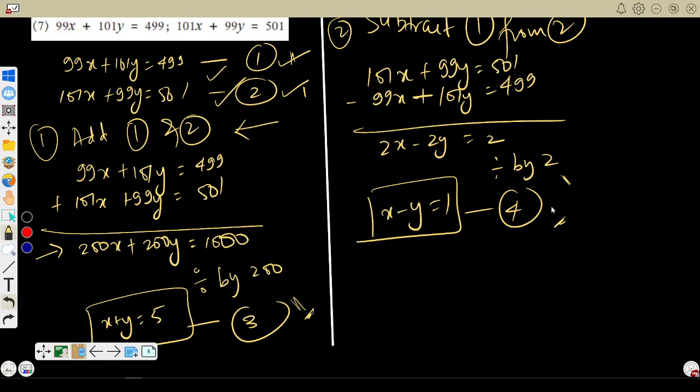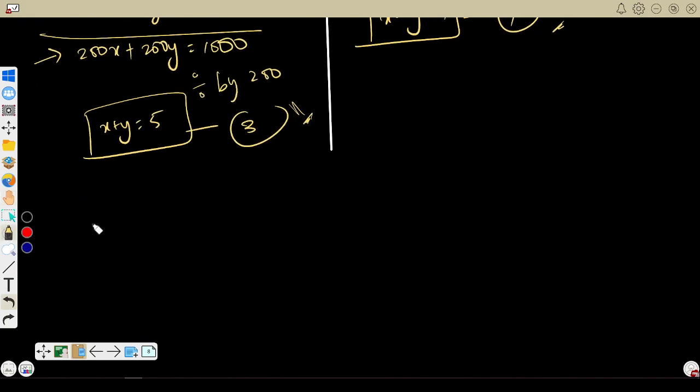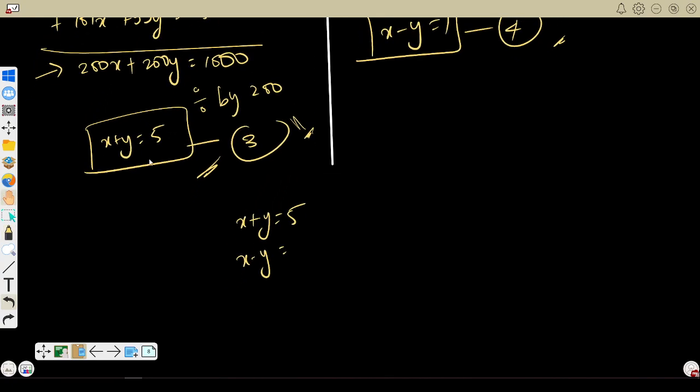The only purpose is to solve the equations. I'll write the equations once again. Equation 3 is x plus y is equal to 5, and equation 4 is x minus y is equal to 1.